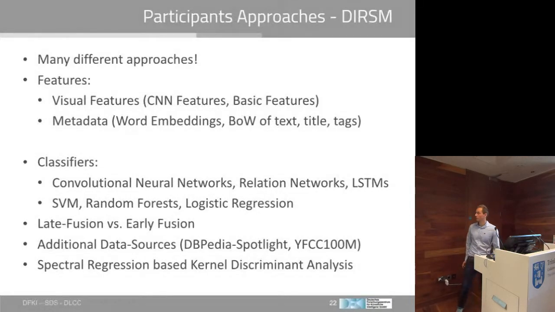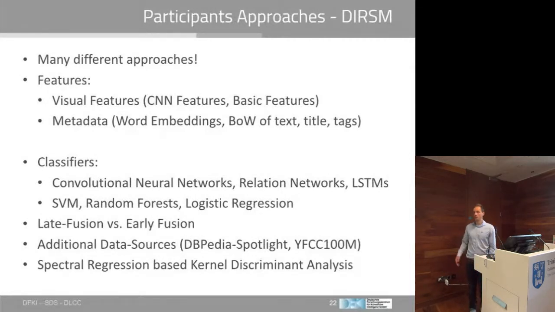And here I want to show you some of the approaches which participants took. For the first task, it's first of all to notice that the results, which you will also hear later, are extremely diverse. So there are many different approaches to this problem. Different kinds of features have been used, from deep learning, but also basic features from information retrieval.